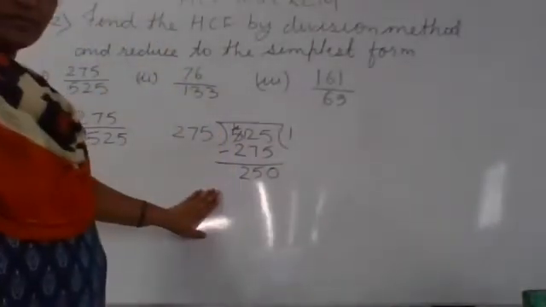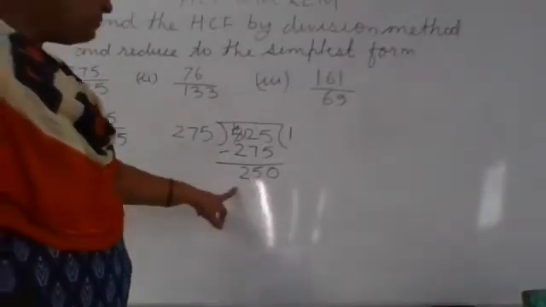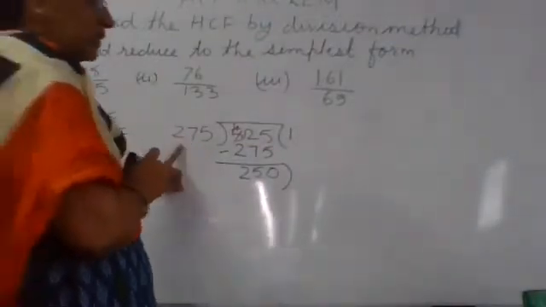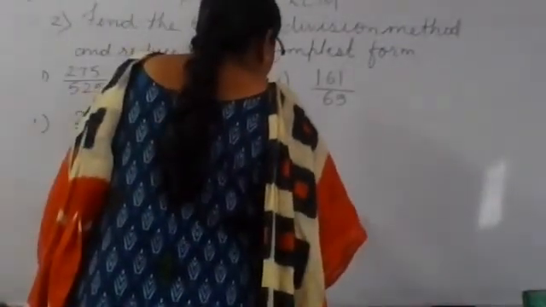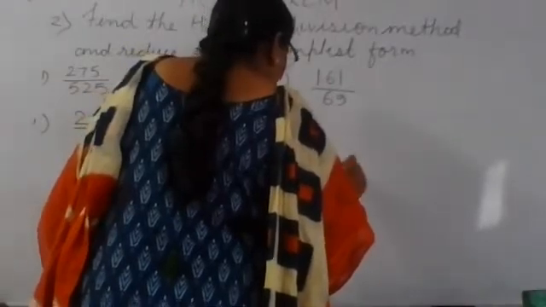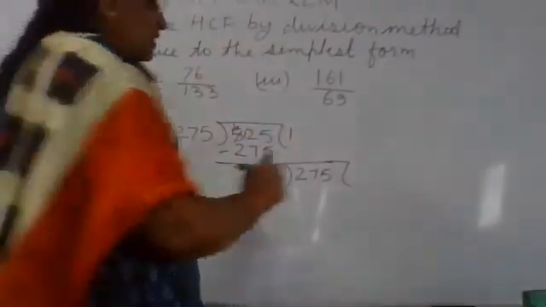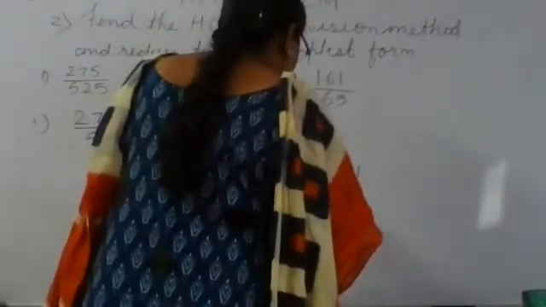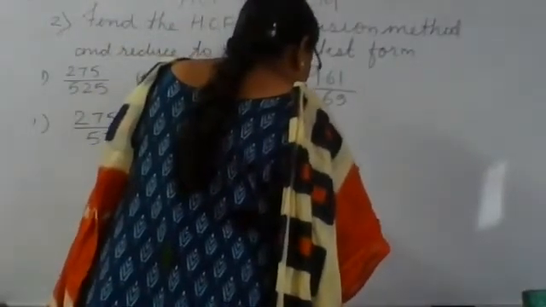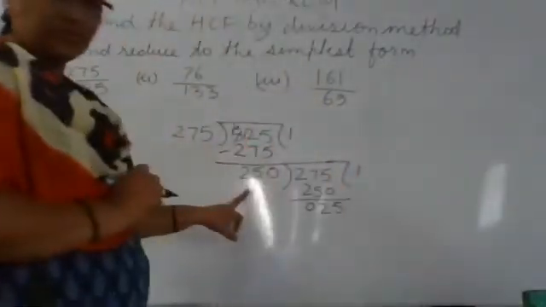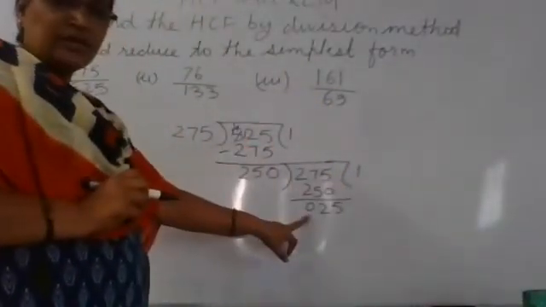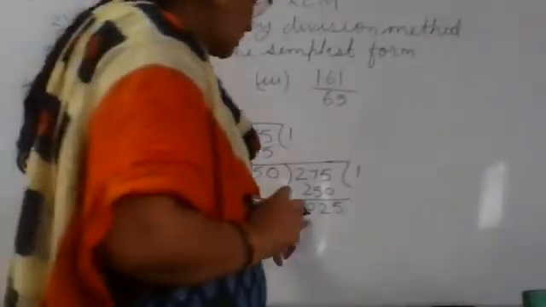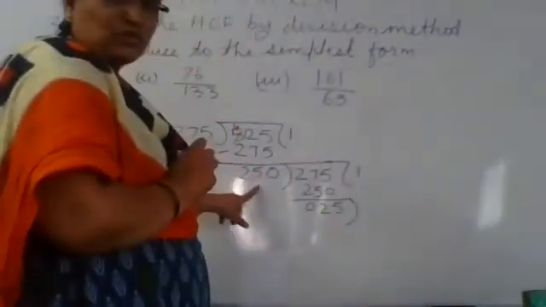Now this remainder, 250, becomes the divisor, and the first divisor becomes the dividend. We continue. 250 ones are 250. Now we get remainder 0. Again, this becomes the divisor and this 250 becomes the dividend.